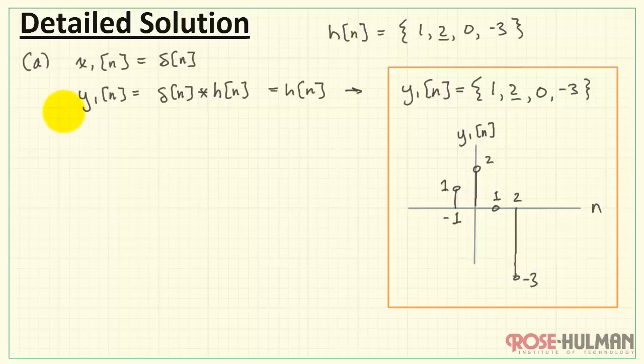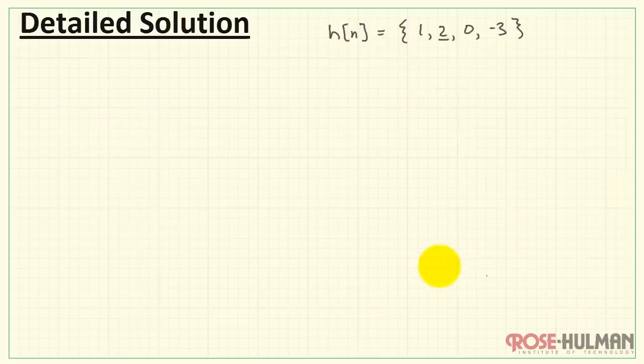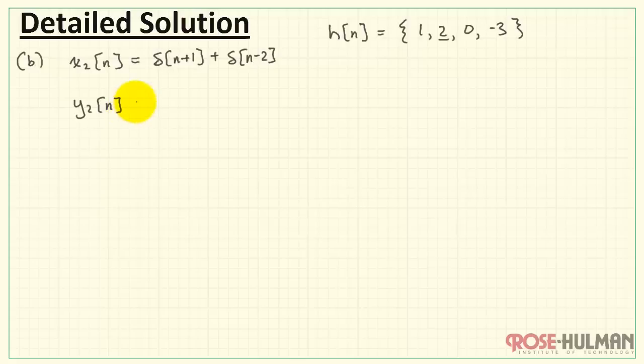All right, let's move on to part B. x2 is composed of two shifted delta functions. We can then write that y2 is the convolution of x2 and the impulse response.